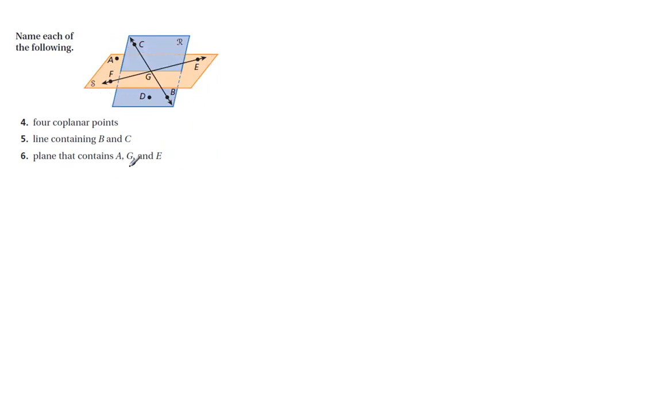Okay. Plane that contains A, G, and E. The plane where the grannies go to come work at my factory. Here's A, here's G, here's E. They're all on our orangish sort of peach. It's not a rhombus. What's a rhombus? It's like a square, only the angles don't all have to be right angles. It's not a rhombus, because all the sides aren't the same.